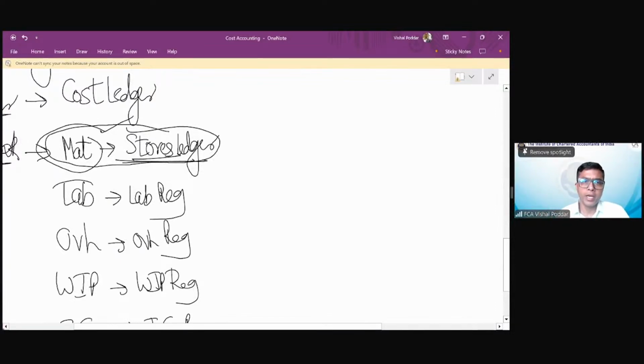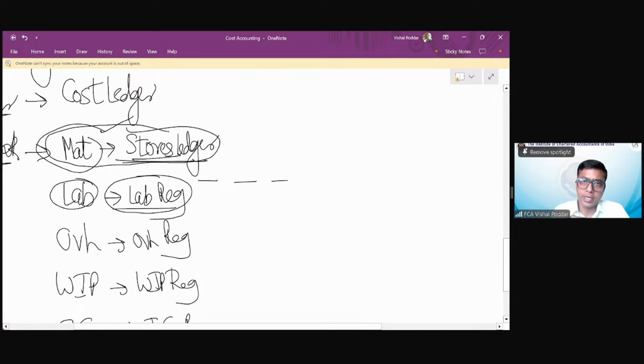Similarly, in my labor register, in a factory, you have different types of workers working with different skills, and each worker would have a different pay package. Each worker would devote a separate time on every product. So in order that you charge labor cost properly, and have proper labor details for all your other purposes, you prepare a separate labor register where you have details labor-wise.